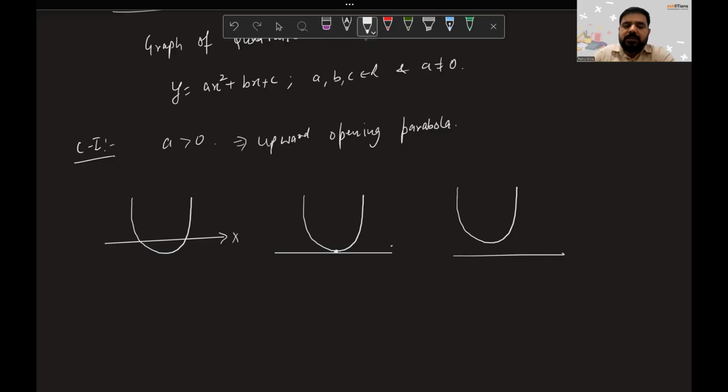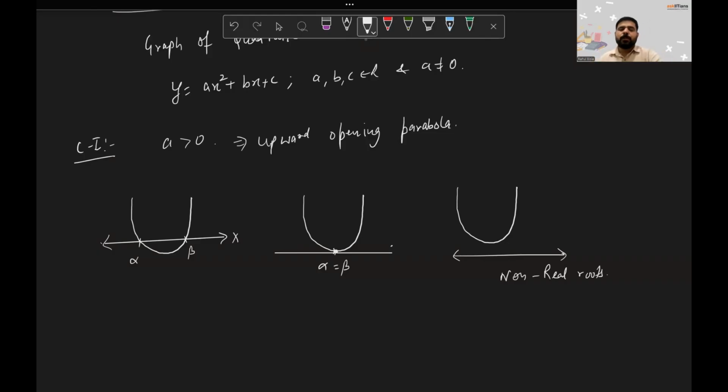This is your x-axis. The y-axis can be anywhere. It's none of our concern whether it's on the left side or right side or coming from the middle. So these are your two roots, alpha and beta. These are two real and equal roots. And in this case, you can see there are no real roots, or we have non-real roots.